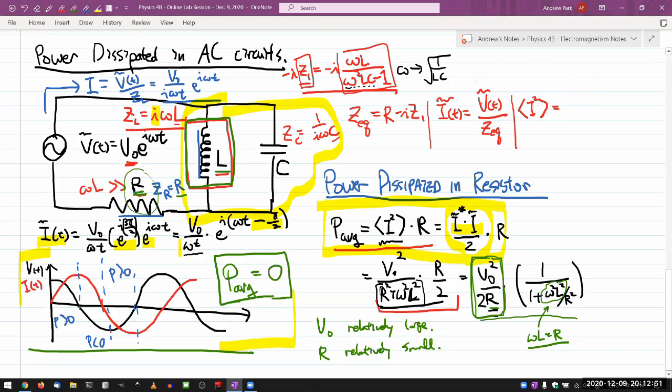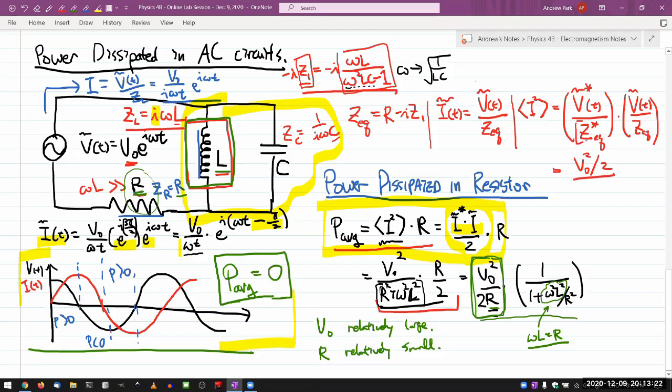You calculate it by the complex conjugate of V divided by the complex conjugate of the equivalent impedance, times the original thing divided by the equivalent impedance. And the numerator portion is simply going to give me V naught squared over 2. That's the calculation I've done a few times now.